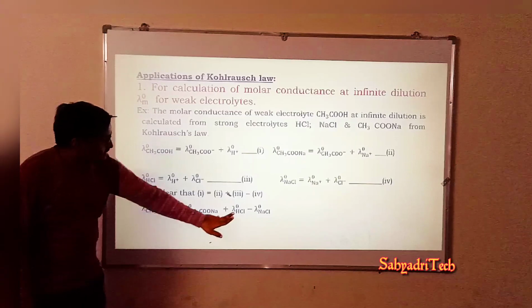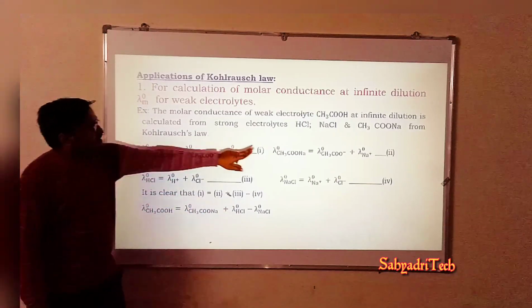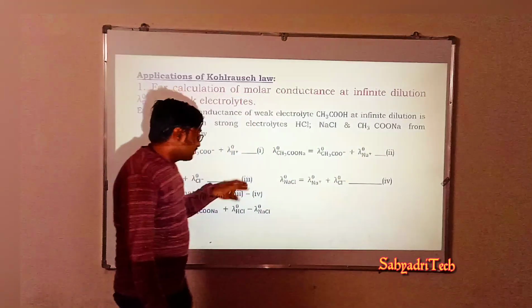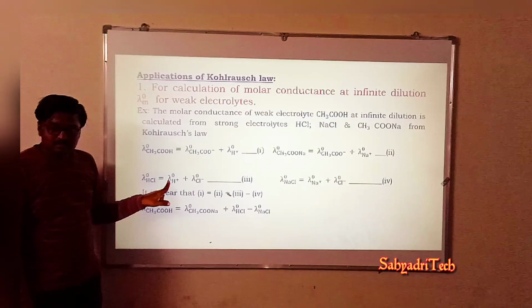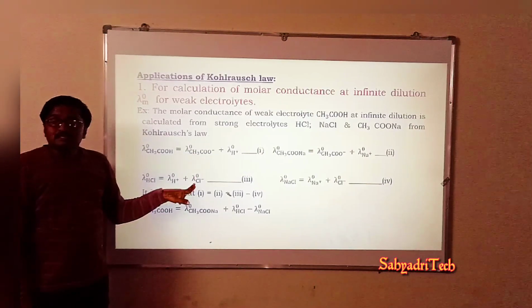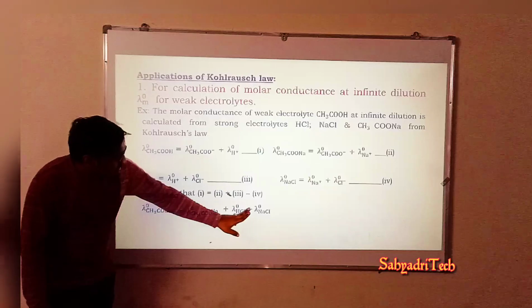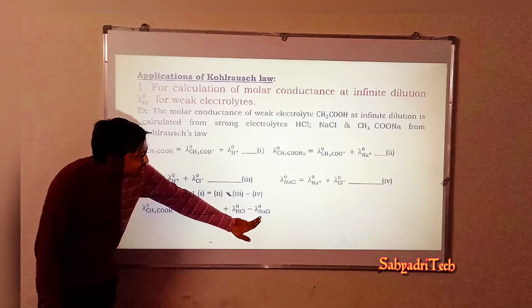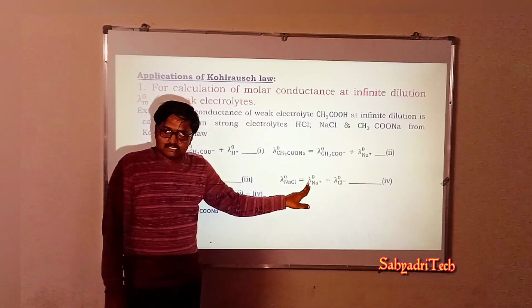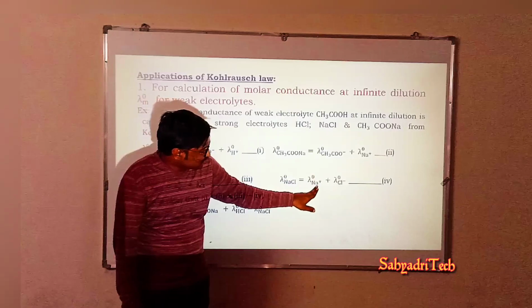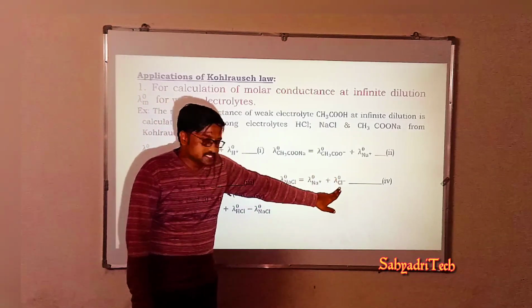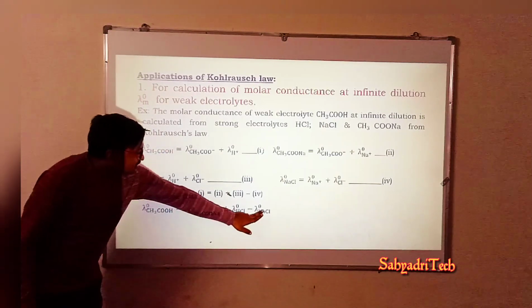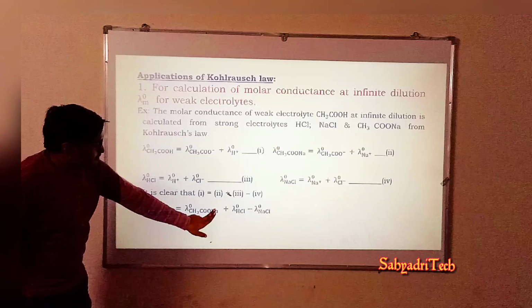So now we got 4 quantities here: lambda naught of CH3COO minus plus lambda naught of Na plus plus lambda naught of H plus plus lambda naught of Cl minus. What is the next term? Minus lambda naught of NaCl, which means minus lambda naught of Na plus minus lambda naught of Cl minus. So which quantity cancels here? Lambda naught of Na plus cancels.